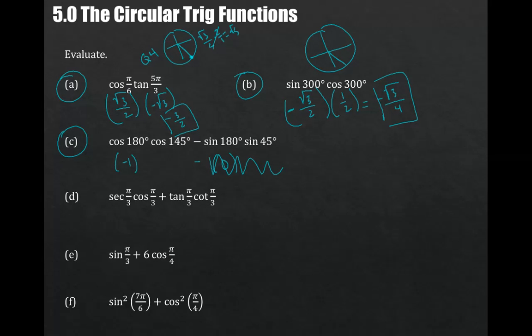That's not nice, is it? I think that's supposed to be the cosine of 45. I'm just going to pretend that. The cosine of 45 is root 2 over 2, or 1 over root 2. So I end up with negative root 2 over 2, or negative 1 over root 2.